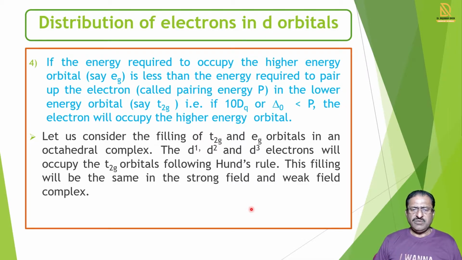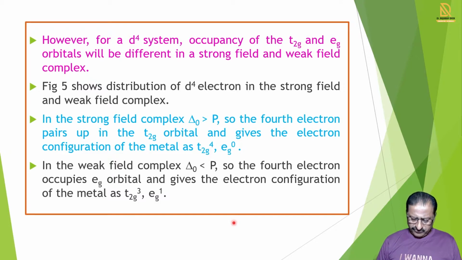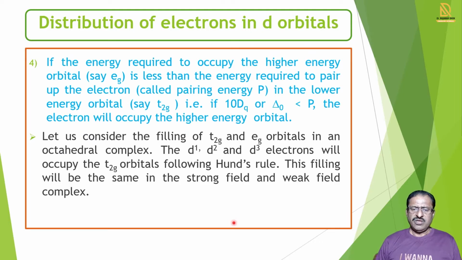Now we consider the filling of T2g and Eg orbitals in an octahedral complex. For that purpose, we can start from the d1 case up to the d10 case. In the d1 case, one electron is filled in the T2g orbital.